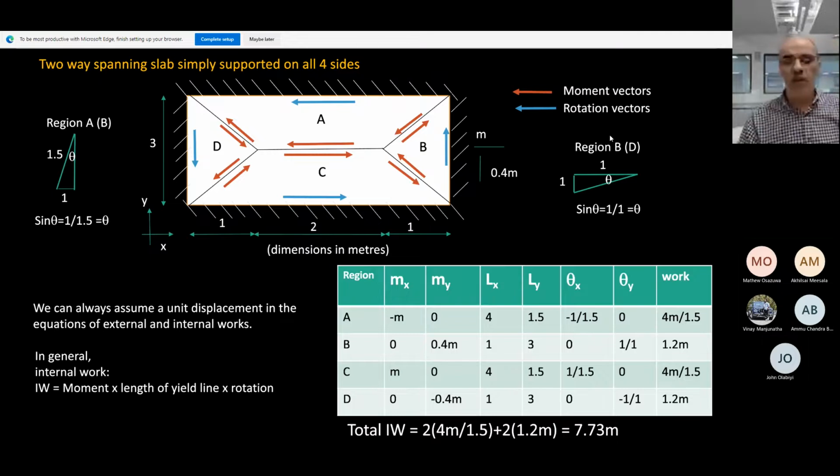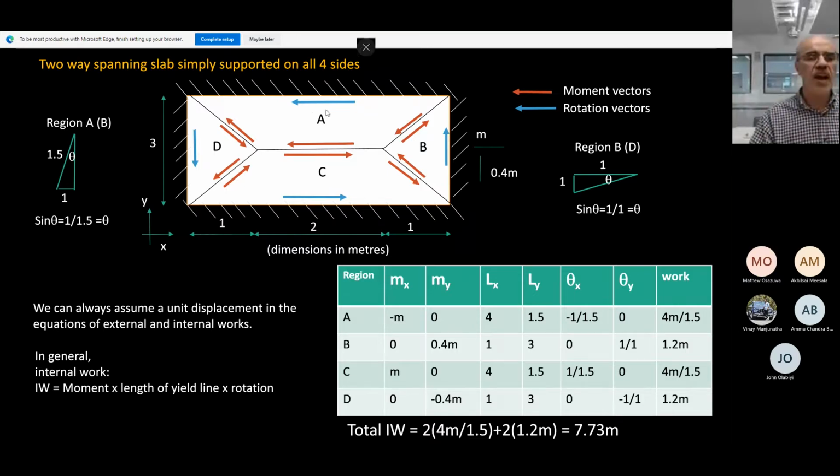Now, the rotation. We do the rotations here and we have to finish today. When you do the rotation, we are still looking at region A, remember. Can you see the vector here, the rotation? This vector projected on the x-axis is negative. Do you agree?